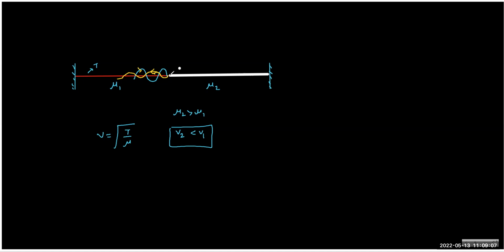But the transmitted will go this way. So transmission will have the same phase as the incident, but the reflection will invert the phase, and that is how the wave will propagate in different media. So a phase shift will occur.